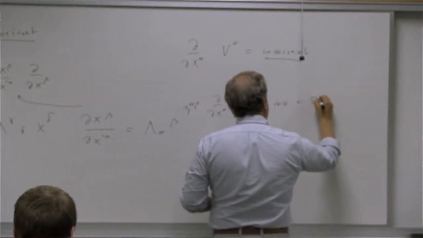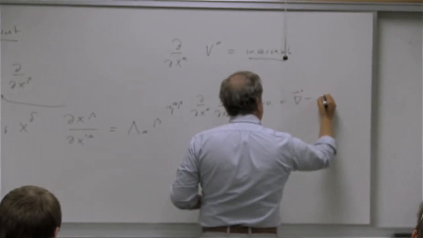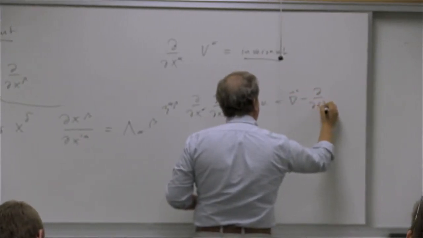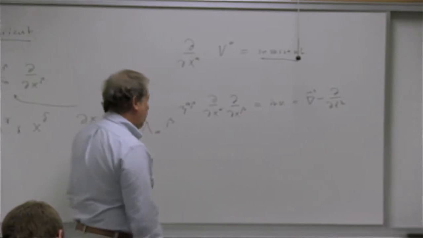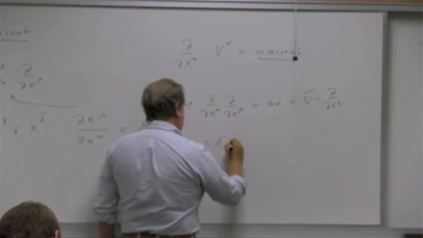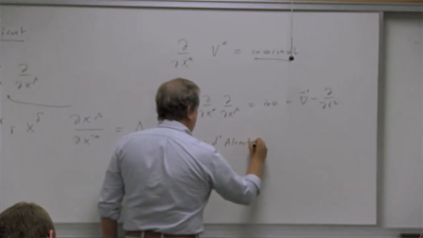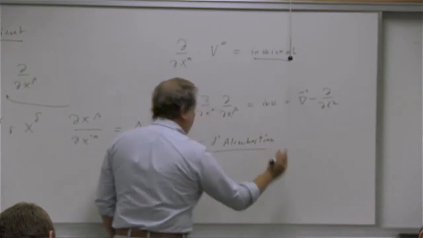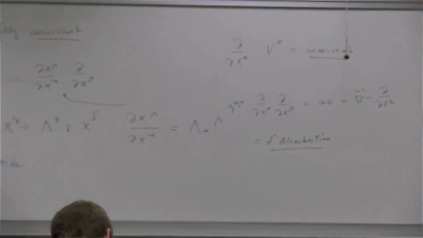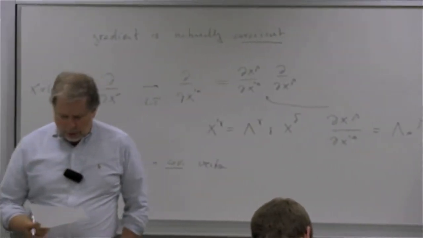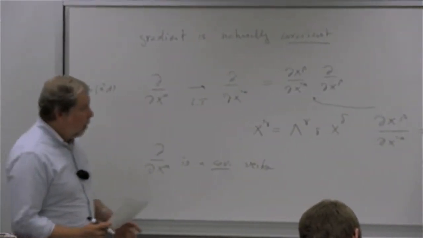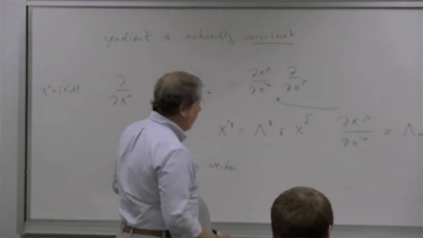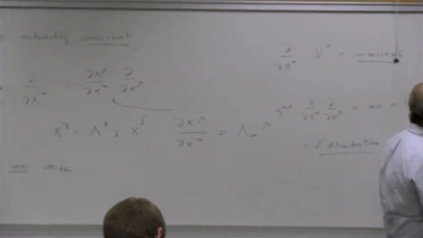It is equal to the gradient squared minus d by dt squared. So this is equal to the D'Alembertian. So the operator that appears in the wave equation is in fact invariant because of this property of the gradient.